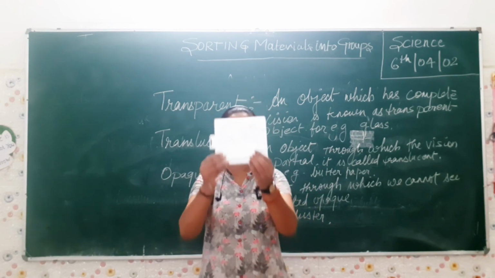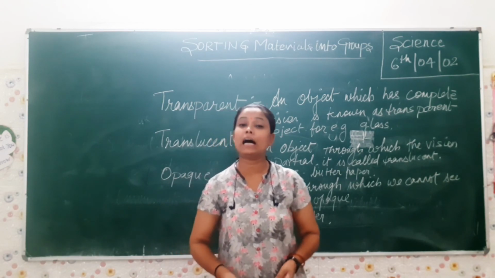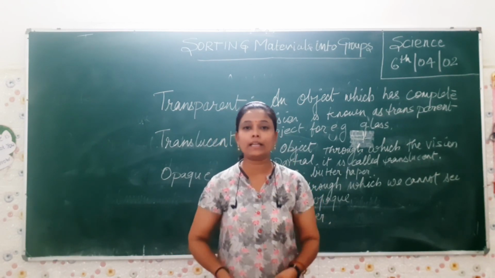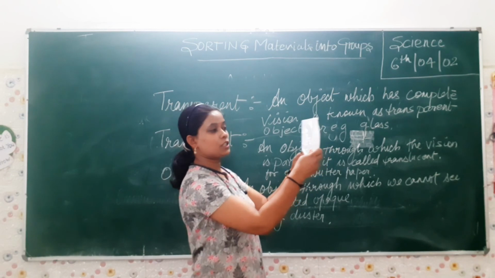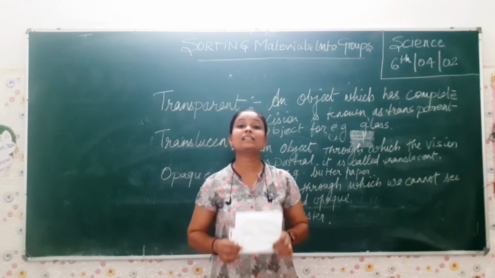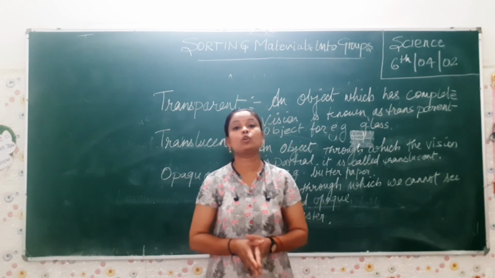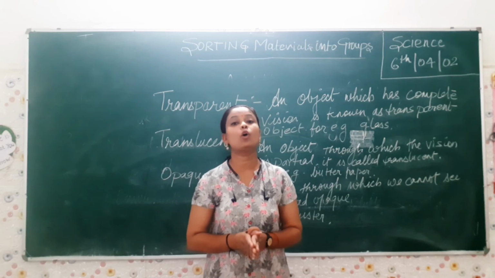Just see, are you able to see? No, not even I. If I look in this direction, on putting this in between, still I can't see through. So if you cannot see through, this is an opaque object.